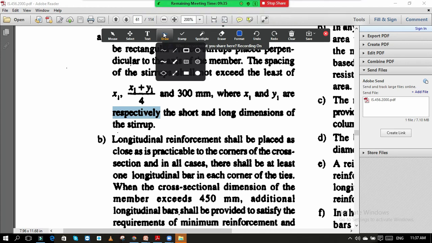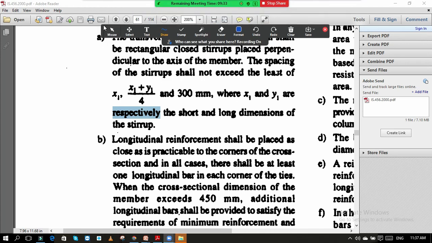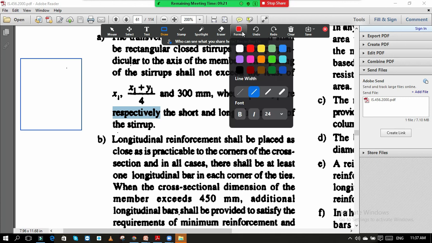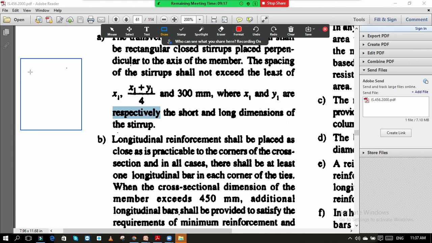Okay, so now suppose here I will draw our beam. So this is the beam section. So in this beam now I will draw the stirrups. So this is the stirrups.